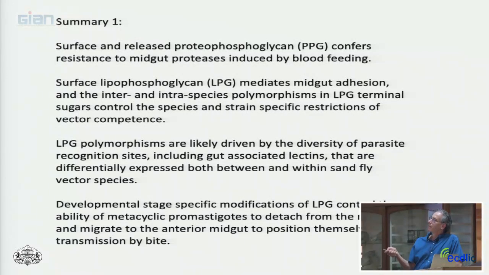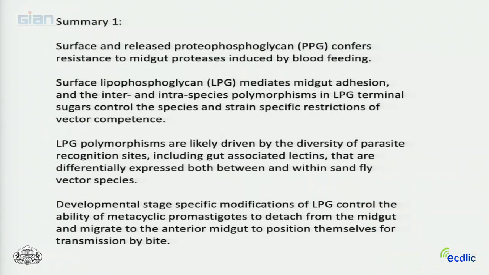So just to summarize this bit regarding the development of promastigotes in the midgut, the surface and released proteophosphoglycans confer resistance to midgut proteases induced by blood feeding. This surface LPG, this beautiful glycocalyx structure on the surface of the parasite, mediates midgut adhesion, and the inter- and intraspecies polymorphisms in LPG terminal sugars control the species and strain-specific restrictions of vector competence.